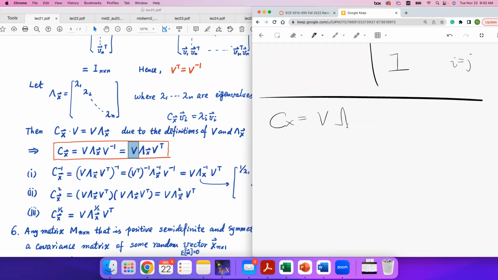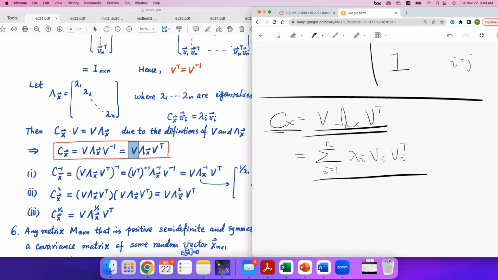And again, by the matrix multiplication rule, you can verify that this is essentially the sum of lambda_i times V_i times V_i transpose. This is a very clear way of visualizing the eigen decomposition.